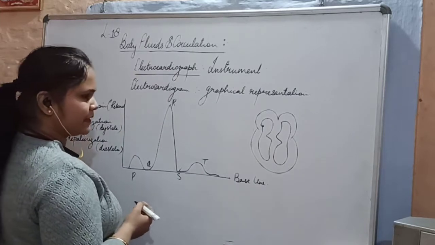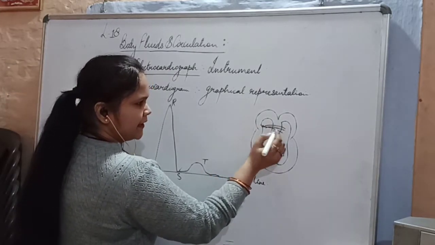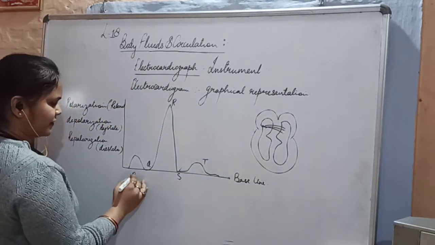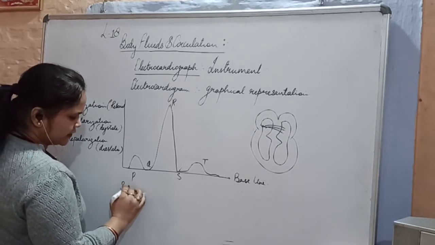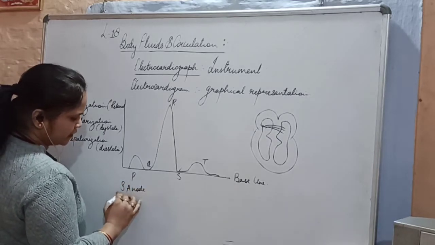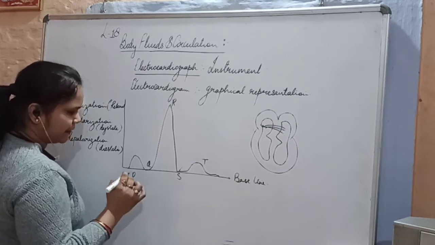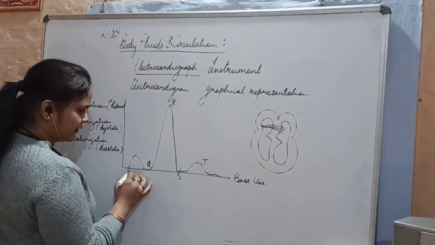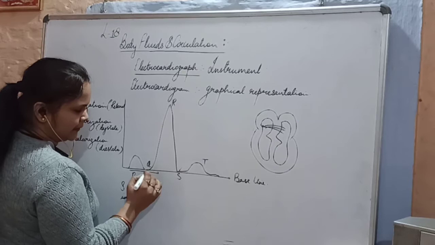The SA node will generate the impulse and spread it to the auricles. So during the P time, the SA node generates an impulse, and this impulse travels to the auricles. So the time period will be the P time period and then the QR time period.